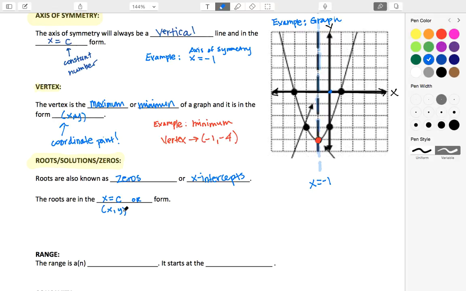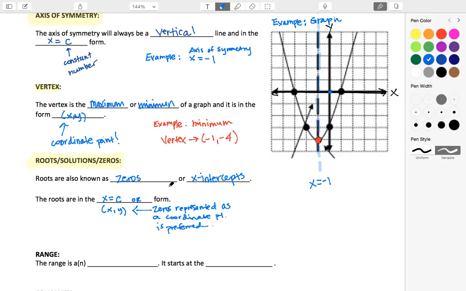This form is more preferred, making sure that you write it as a point. So zeros represented as a coordinate point is preferred.